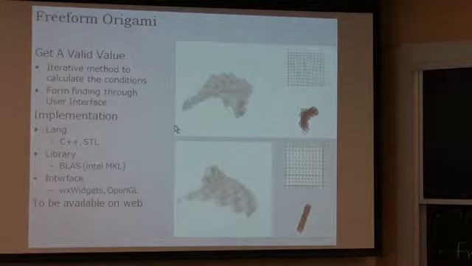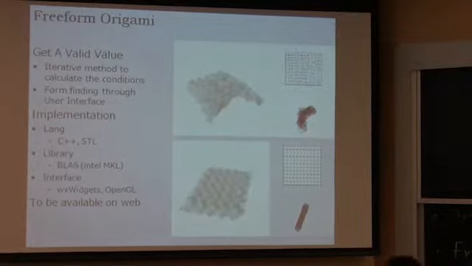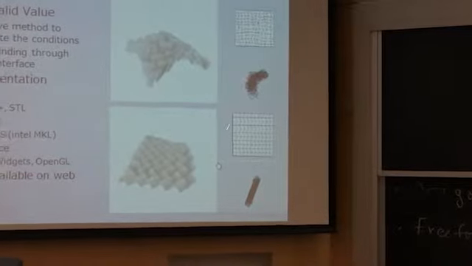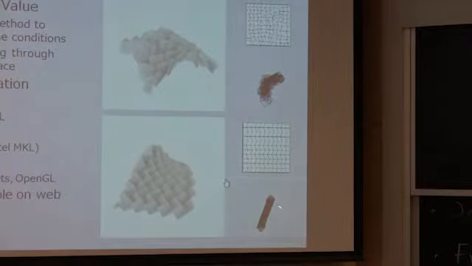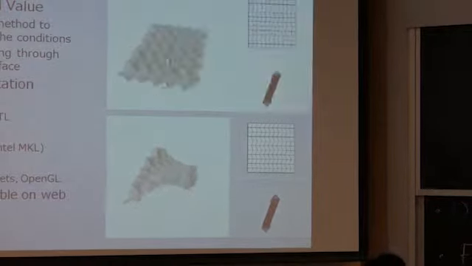This is for comparison. This is a kind of simulation. In this case, the model cannot change the crease pattern, which makes for a less flexible motion for origami.